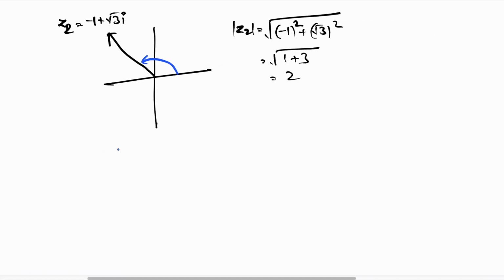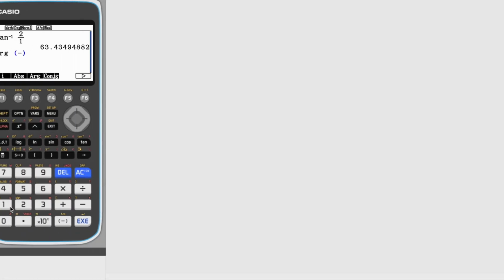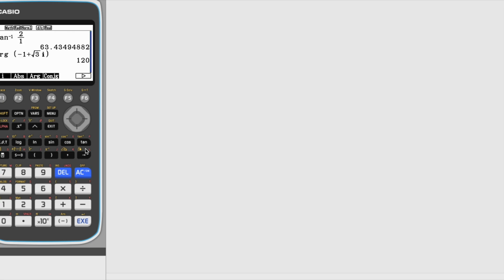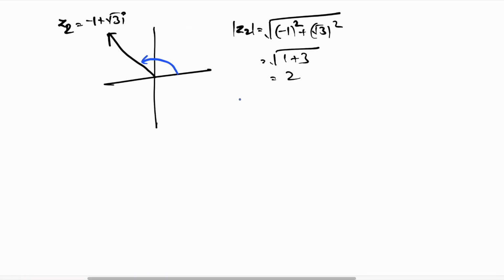Inside that bracket, I'll write my complex number, which is minus 1 plus shift root 3 i, which is 120 degrees. I'll better keep my calci in radians because that's something which will be used often. So I'll press radians here: 2 pi by 3. So the argument of Z2 is 2 pi by 3 radians.